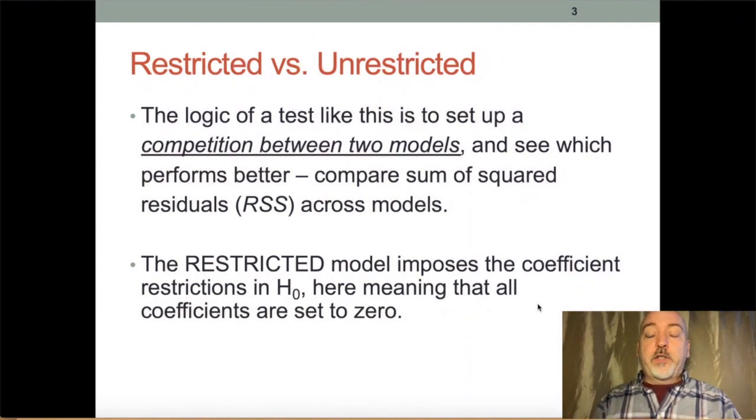And what the restricted model does is just says, well, how would that model perform if that null was true? Let's set those coefficients to 0, effectively removing the variables in question, and then calculate the sum of squares and compare that to the unrestricted model that includes all of the variables that we're interested in.